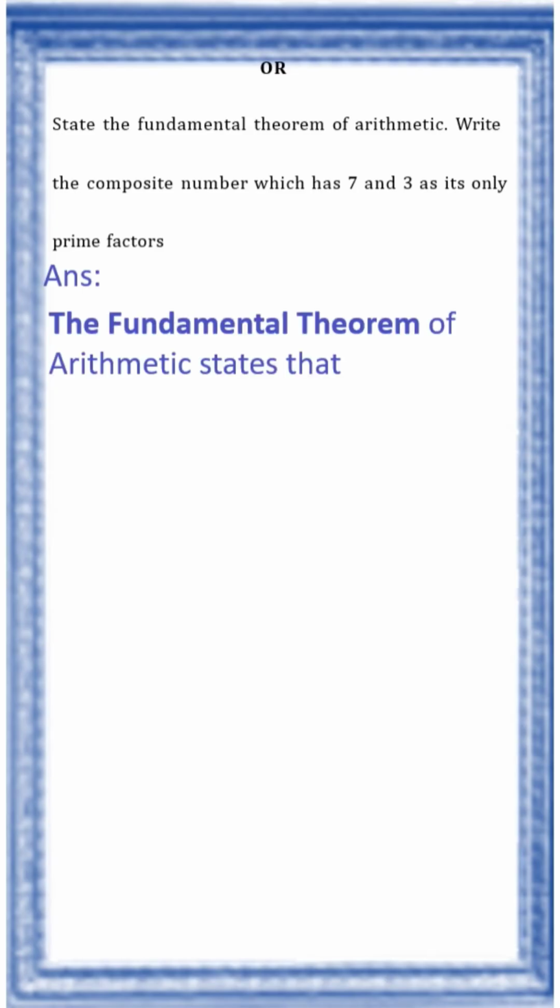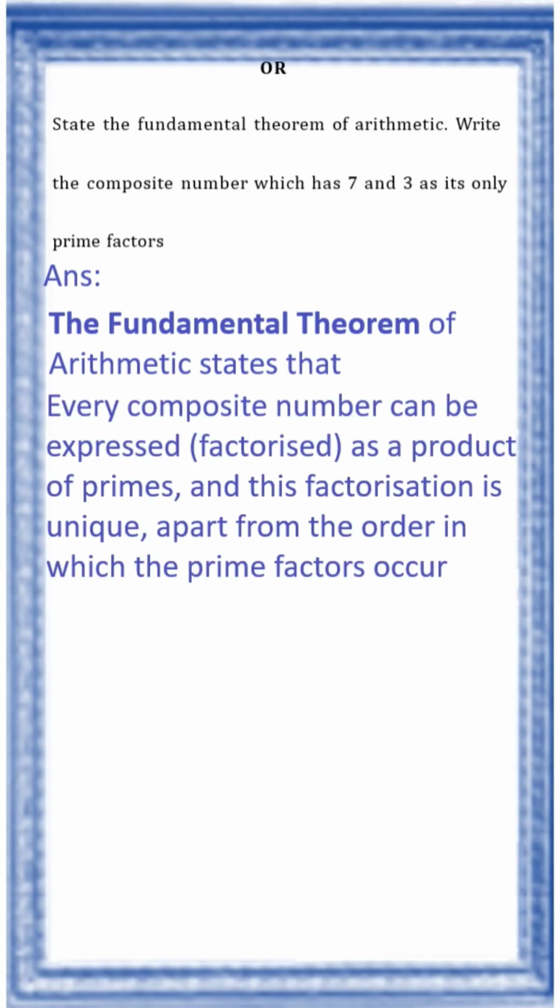The fundamental theorem of arithmetic states that every composite number can be expressed or factorized as a product of primes, and this factorization is unique, apart from the order in which the prime factors occur.